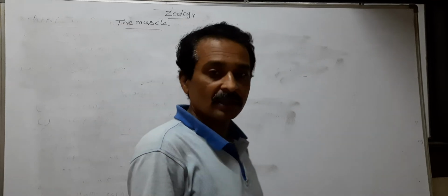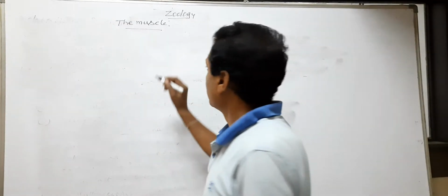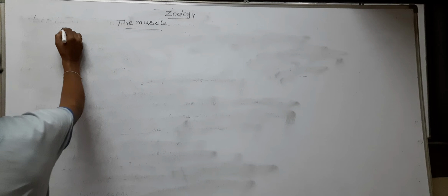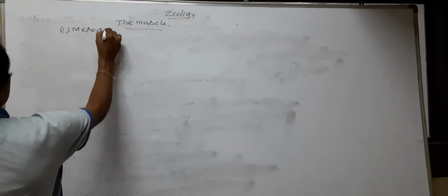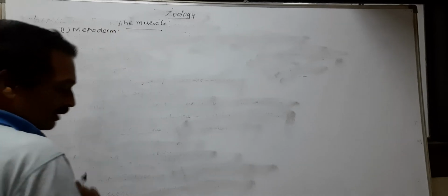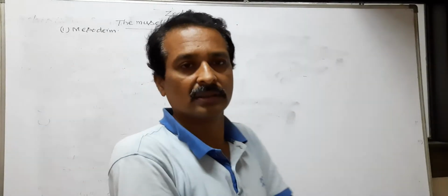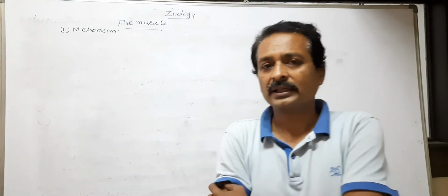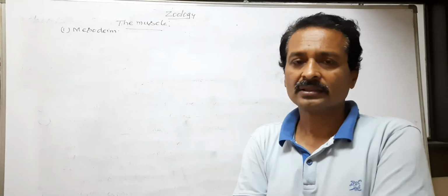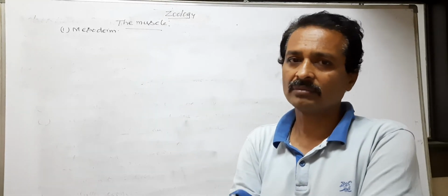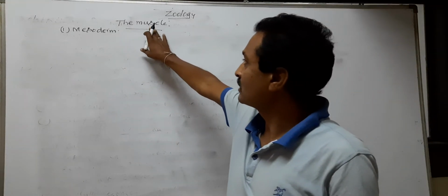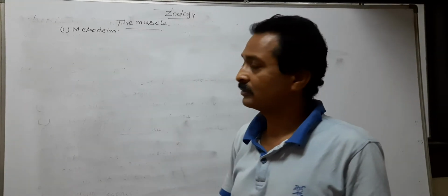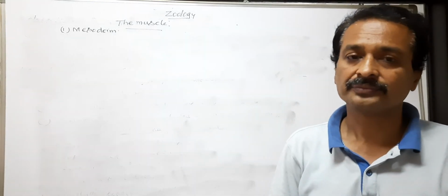The muscles are derived from mesoderm. During embryonic stages, three germ layers are developed: ectoderm, mesoderm, and endoderm. Here, muscles are derived from mesoderm.